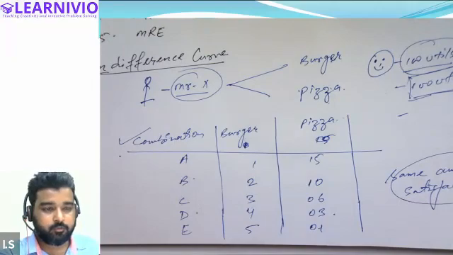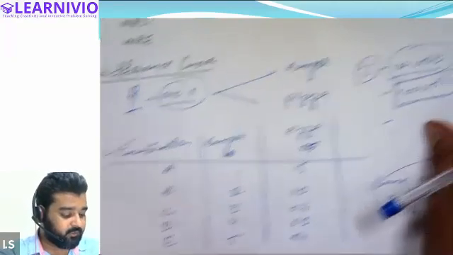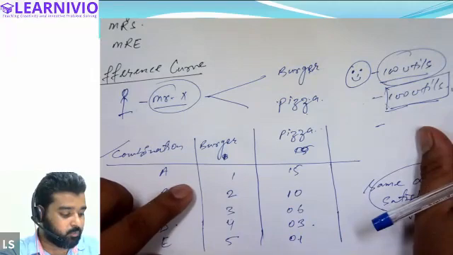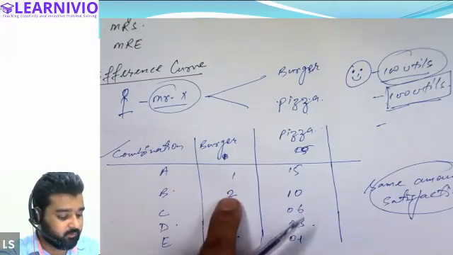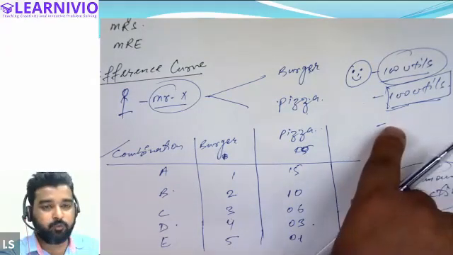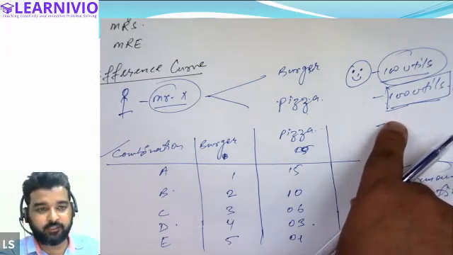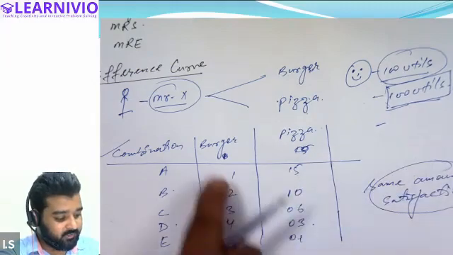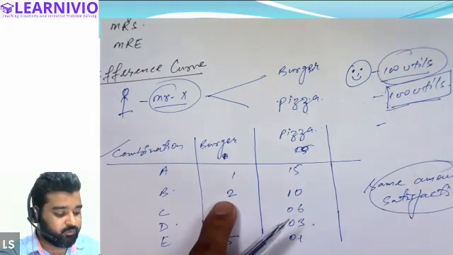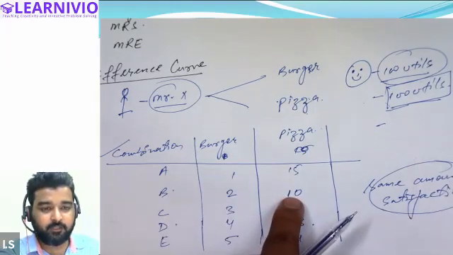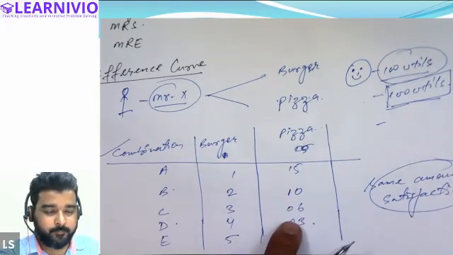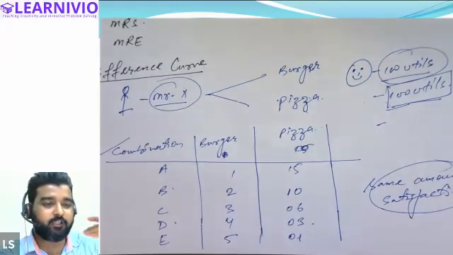Okay. So basically what is happening here, initially he started with combination 1 and 15. When he wanted to increase the quantity of burger without compromising the satisfaction, he increases the quantity of burger. On the other hand, he sacrifices certain slices of pizza as well, so as to maintain the equal amount of satisfaction, right?